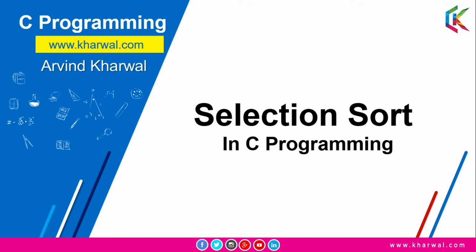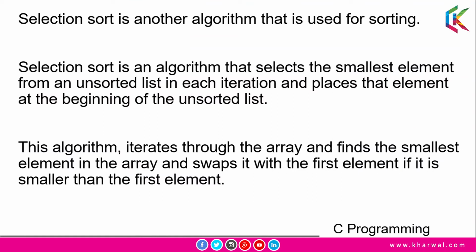So let's get started. Selection sort is another algorithm that is used for sorting. Selection sort is an algorithm that selects the smallest element from an unsorted list in each iteration and places that element at the beginning of the unsorted list.